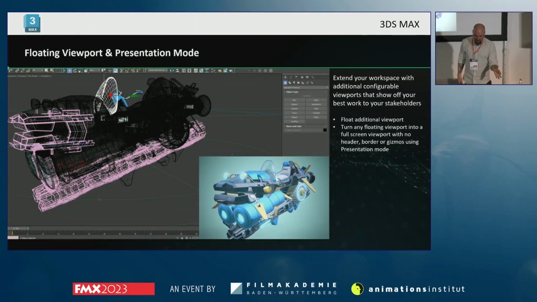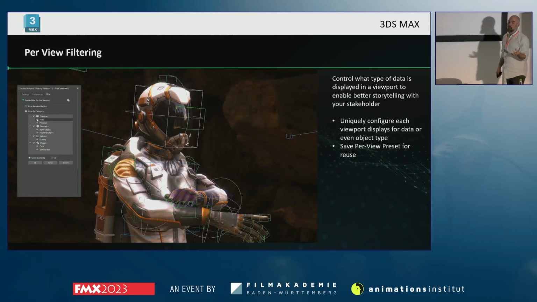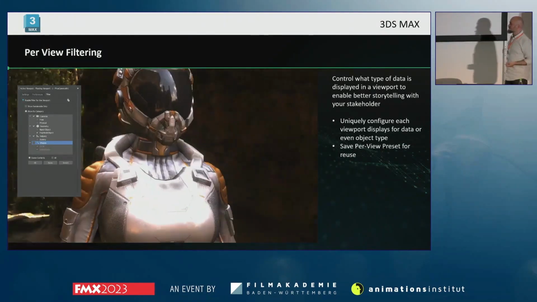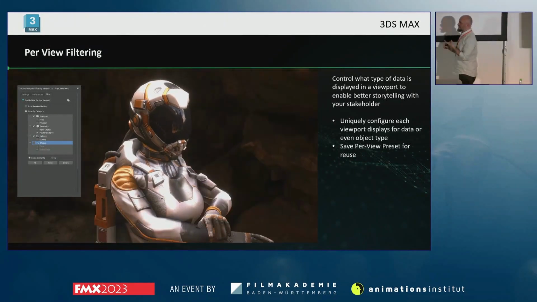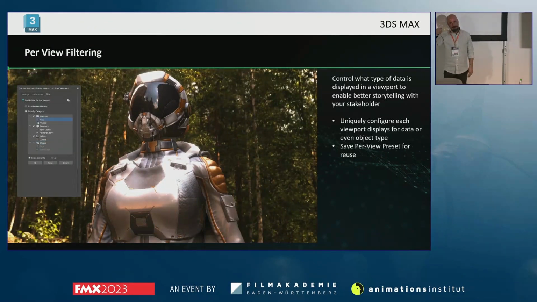What's nice about this, as an addendum, is also a per view filtering mode. Usually in 3ds Max, in order to disable or hide cameras or shapes or details about your rig, you would hide those and they would vanish from all of your viewports. So this is now a per view filtering, which is presettable.